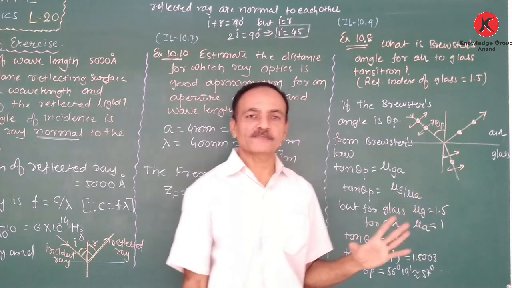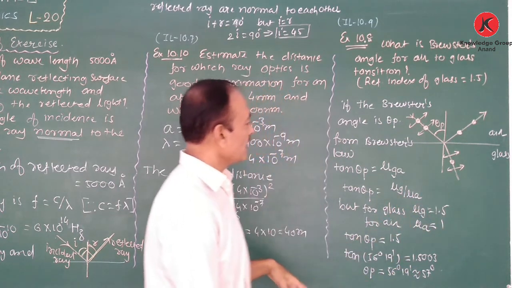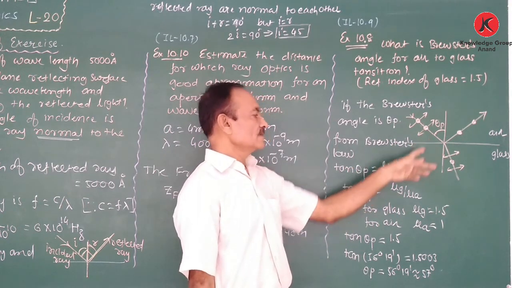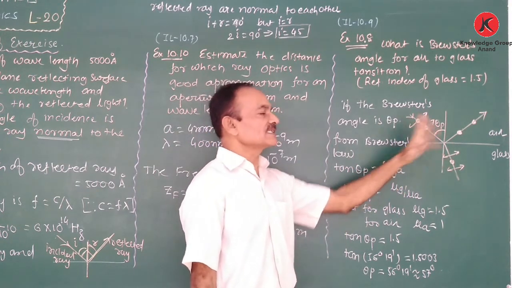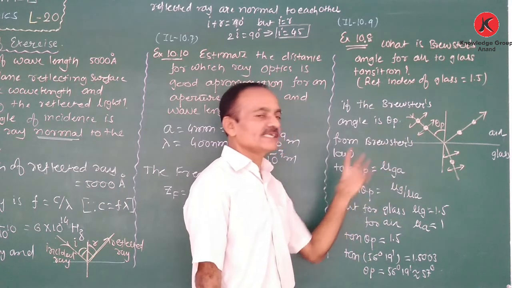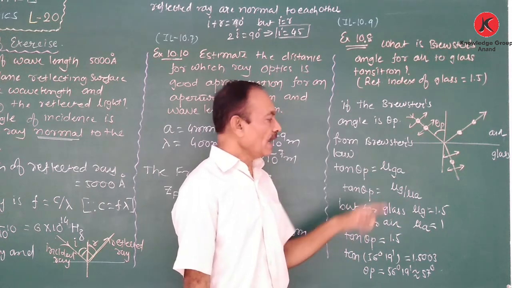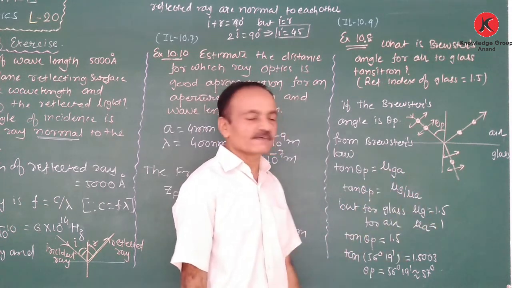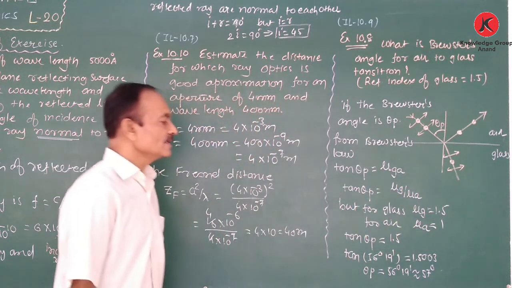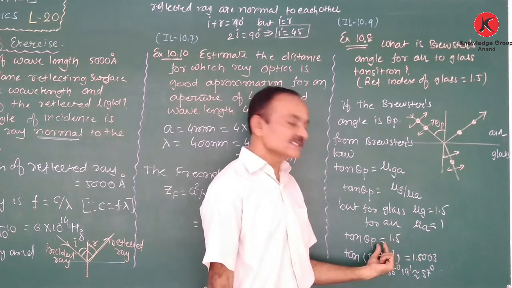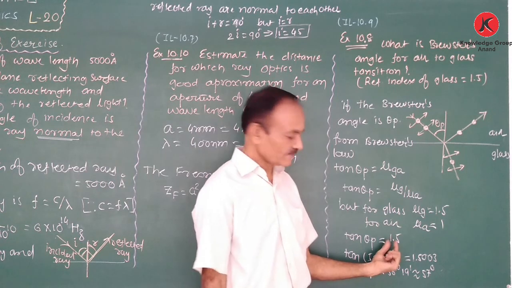That is the statement of Brewster's law. Therefore, tan theta p is equal to mu. Here, the effective index of glass with respect to air, therefore mu ga is equal to mu g upon mu a. Now, the effective index of the glass is given as 1.5. For the air medium, the effective index is 1. Therefore, tan theta p is equal to 1.5.